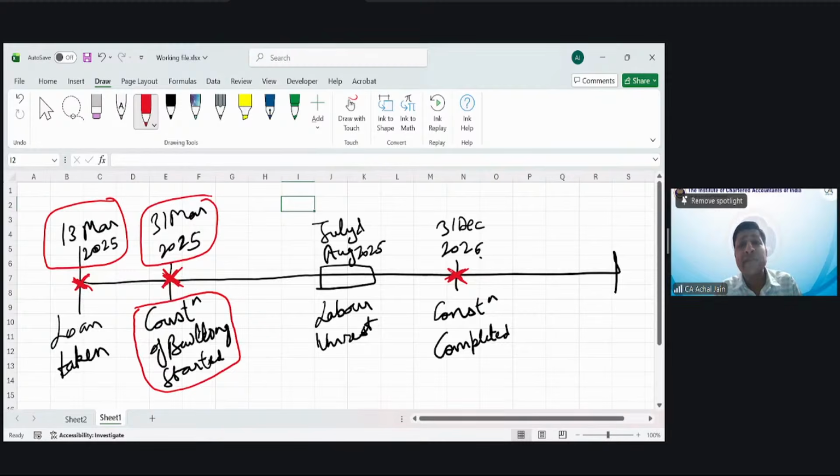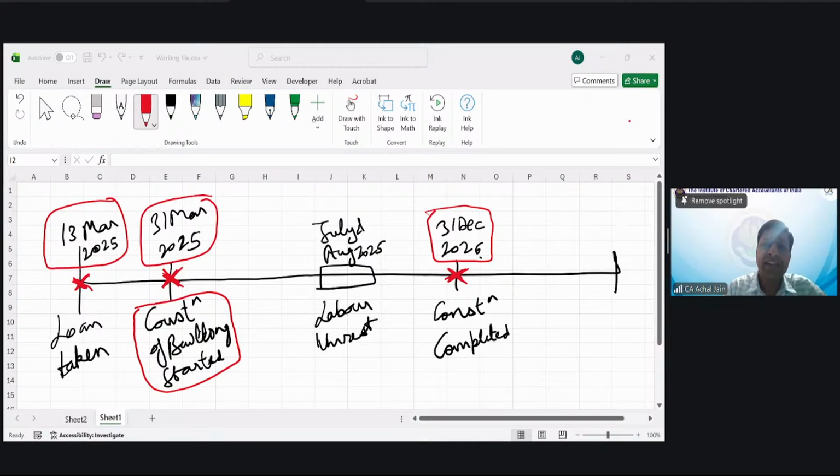So till what time you will capitalize? Tell me. See, there are two options. Either you stop capitalization on 31st of December or you continue to capitalize, because you'll say the loan is going on, the interest is going on, so that's why I'll keep capitalizing. So what do you think? Up to what date you will capitalize?